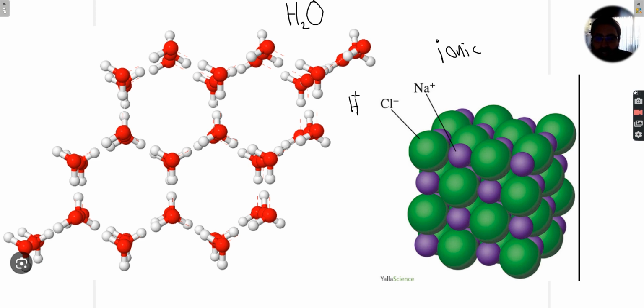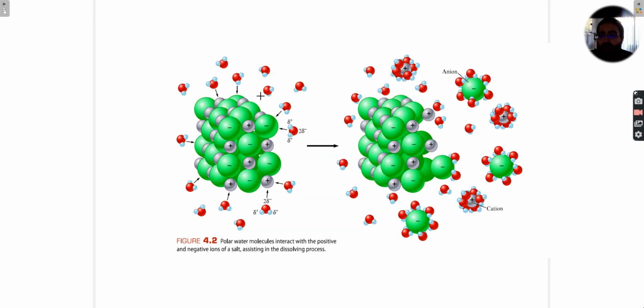So those hydrogens end up attracting the chlorine ions, and it pulls it apart. And the oxygens, remember, the oxygens are partially negative, so they pull away at the sodium, and then little by little, they break apart your salt compounds.